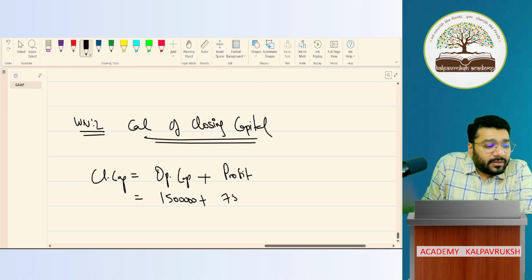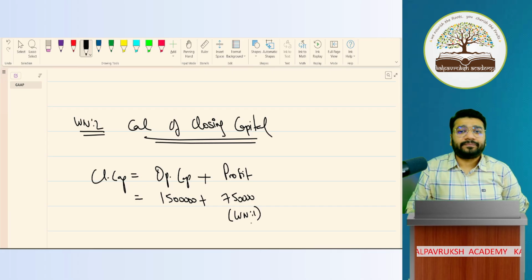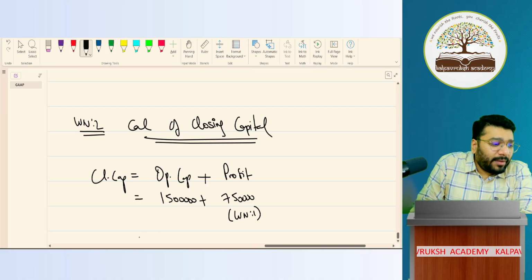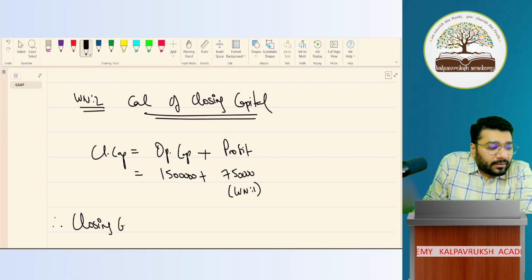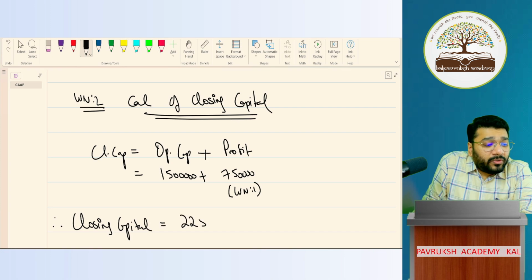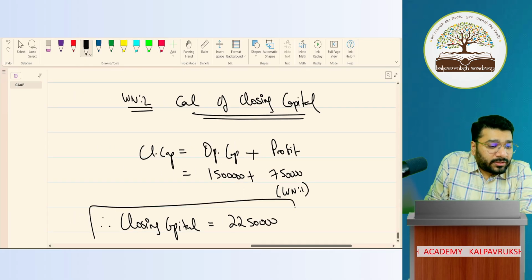Profit is how much? 7,50,000. Give reference to working note number 1. Tell me the total closing capital. Very good. Therefore, closing capital is equal to 22,50,000. Put a box.